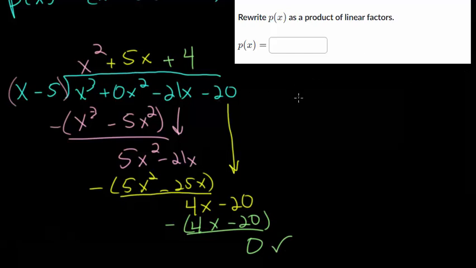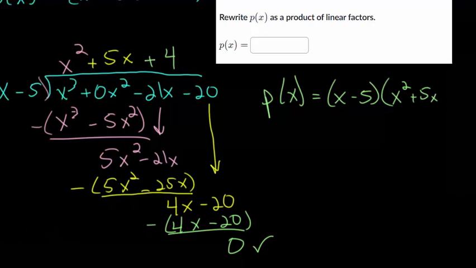And so we now just need to further factor this x squared plus 5x plus 4. So our p of x right now is that first known factor, x minus 5, multiplied by this quadratic, x squared plus 5x plus 4. So we just need to factor this quadratic. So let's just rewrite it.